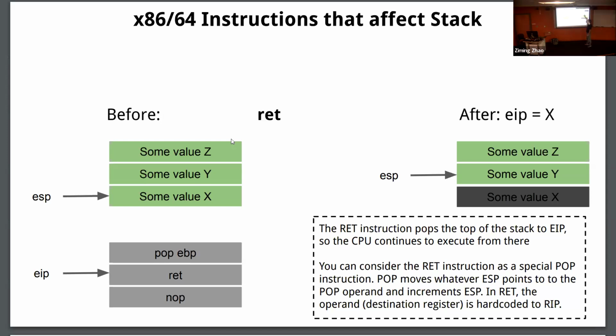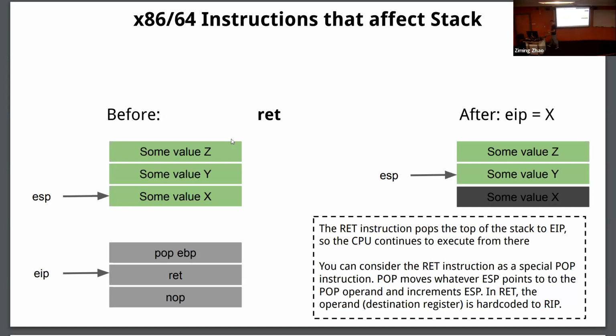So the CPU is going to execute from the address of X, and the ESP will move up 4 bytes. That's it. So you can consider this return instruction as a special pop instruction. Different from pop, pop has a destination. Here the destination is implied. The destination is EIP, or RIP on 64-bit. So this instruction directly changes the control flow of the program.